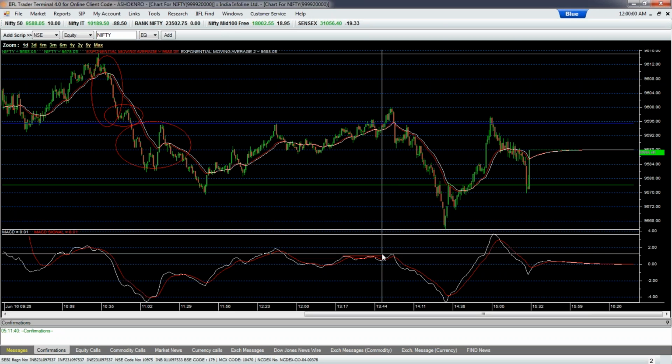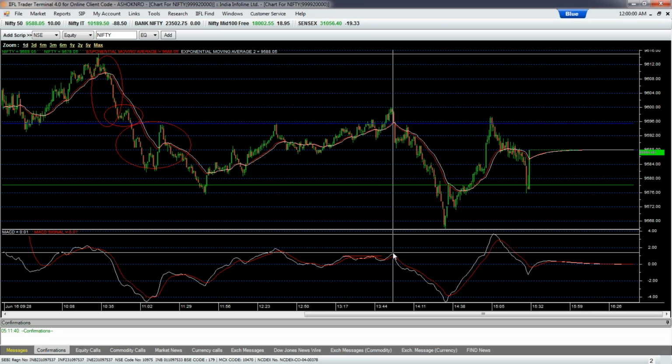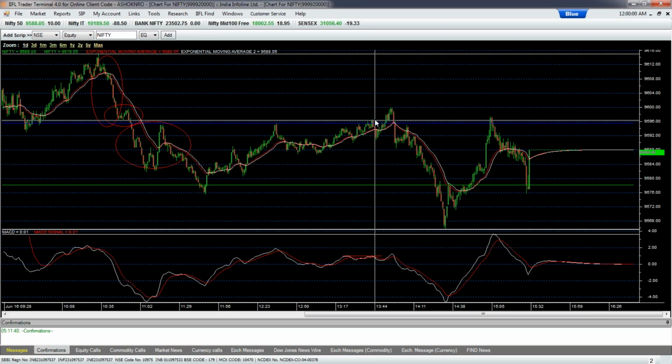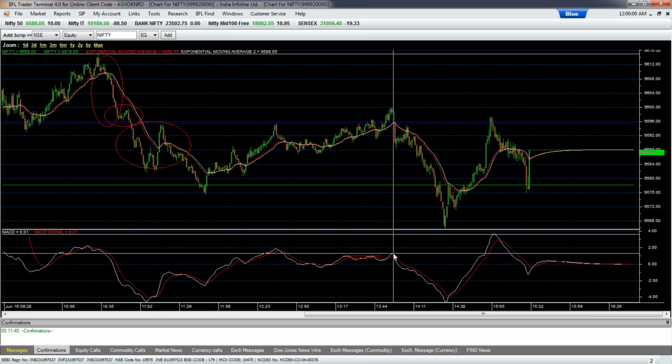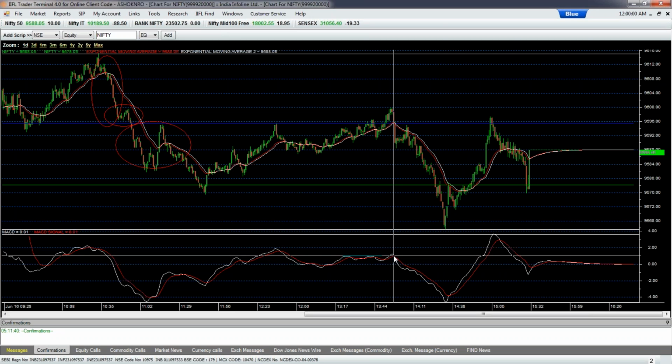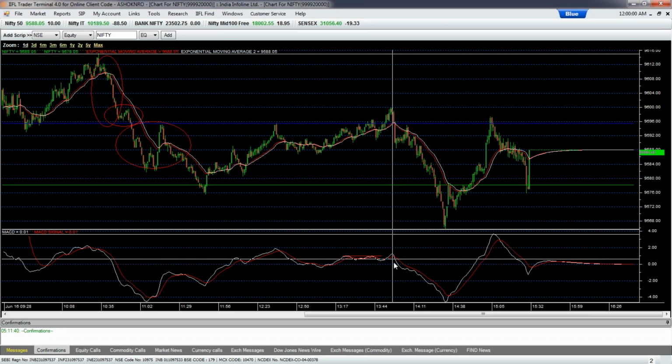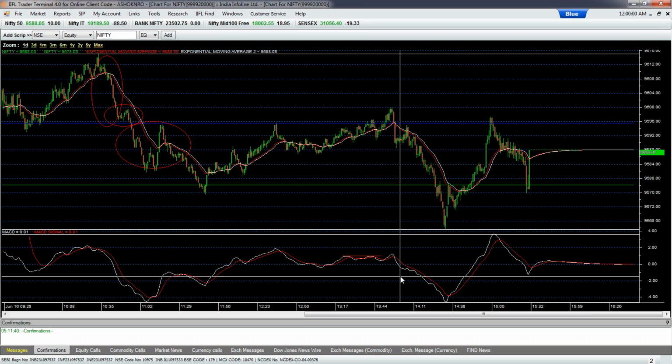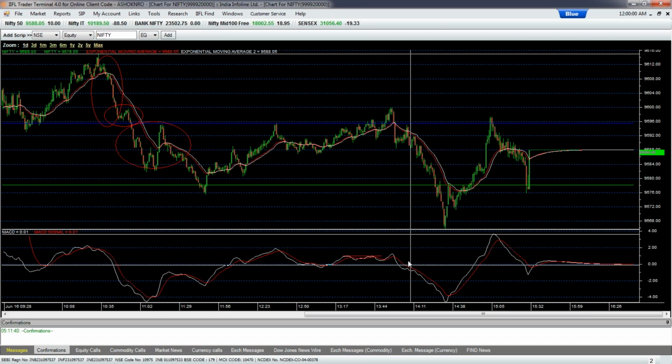Okay, so the euphoria touched, and afterwards we will have to look into the MACD, that my MACD reversed over here. It reversed with such a big difference, where this is the signal line and this is the MACD line.